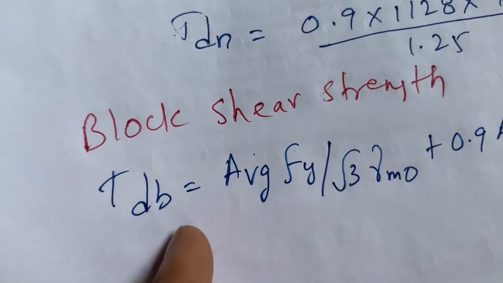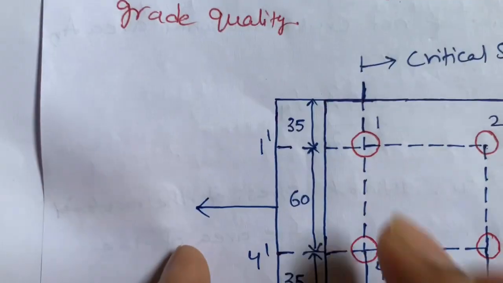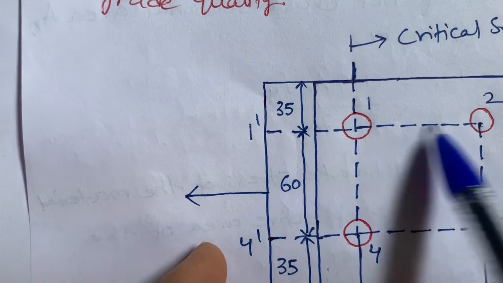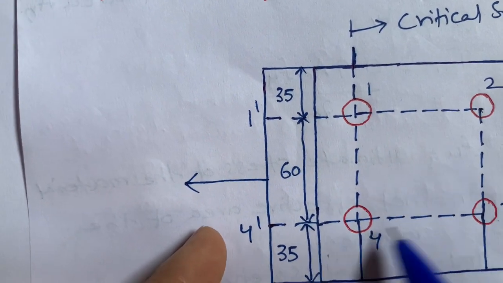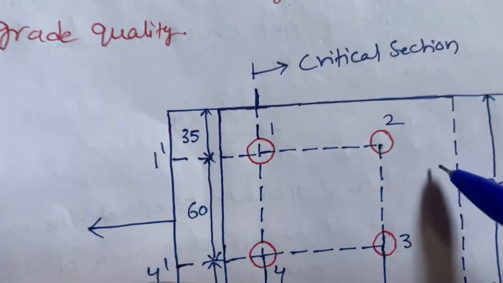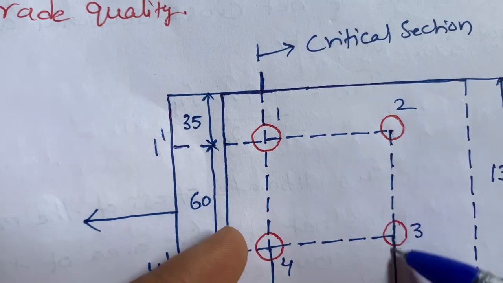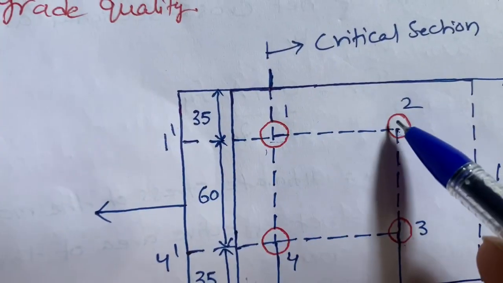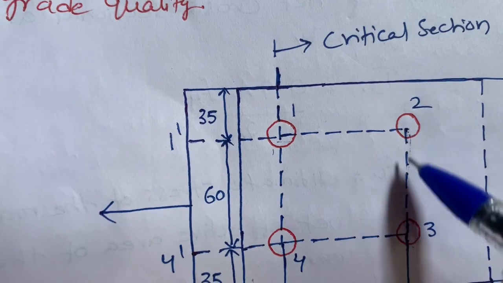Okay, in our diagram, this is our diagram. Shear is developed in this direction, 1, 2 and 3, 4, and tension is developed in this direction.